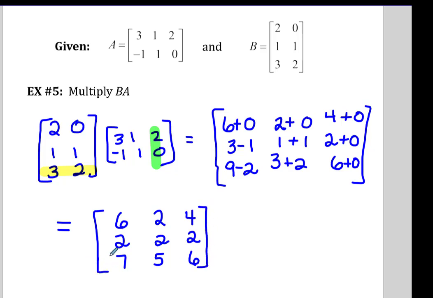Okay, so I had a little rough start there. Have to pay attention. We're multiplying B times A. So the 3 row, 2 column, and the 2 row, 3 column have to match. The columns and the rows have to be the same to multiply.